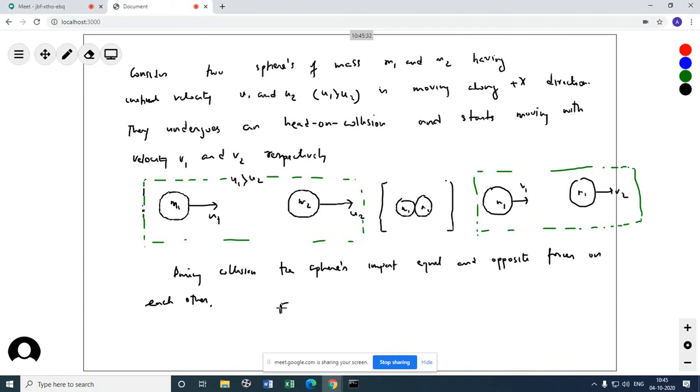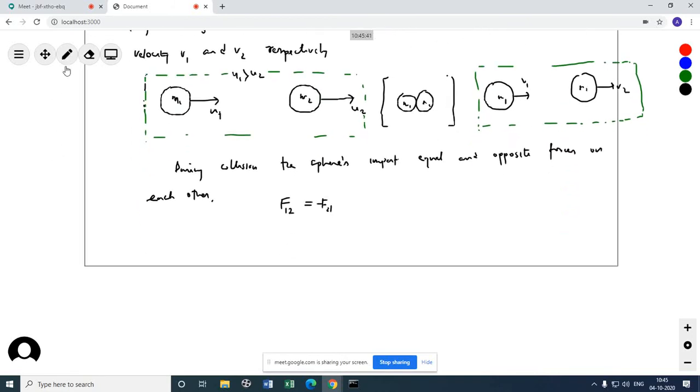That is, force on 1 due to 2 is equal to minus force on 2 due to 1. We can write this as dp, so 1 will change by dp1 over dt equal to minus dp2 over dt. The dt gets cancelled, so we have change in momentum: delta p1 equals minus delta p2.